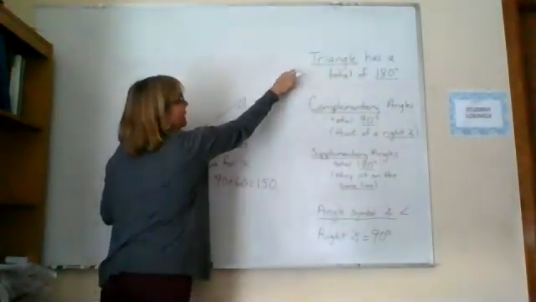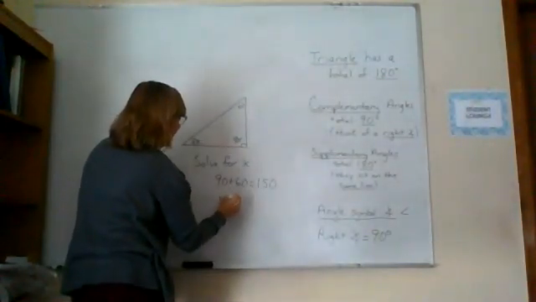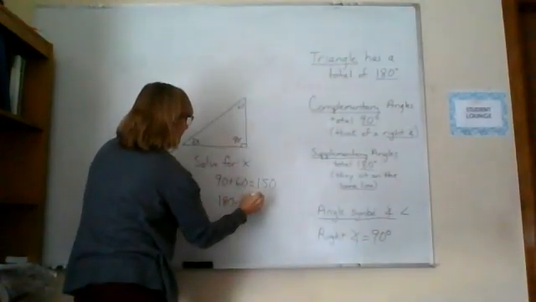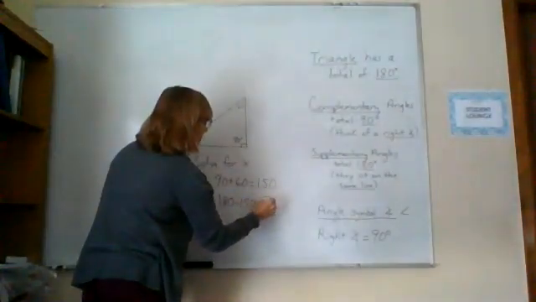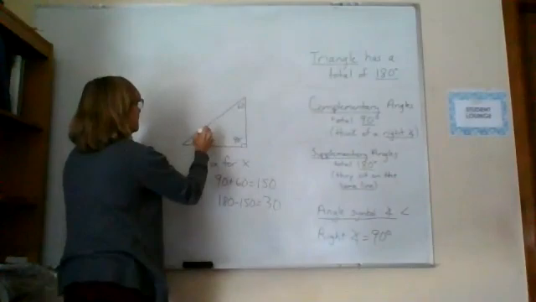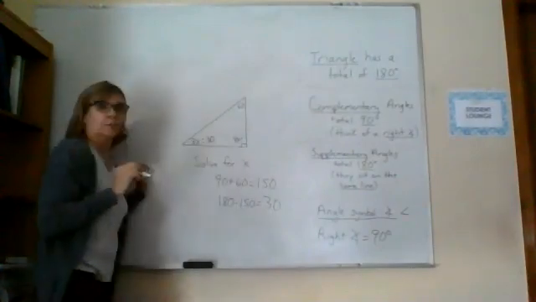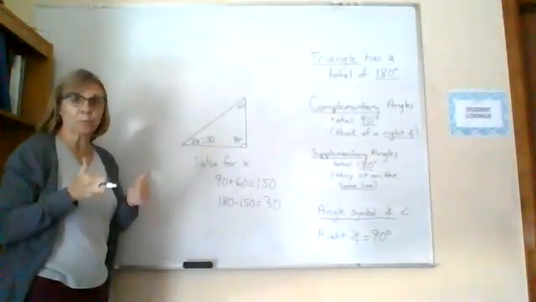A triangle has a total of 180 degrees. So I have 180 degrees minus my 150. Again, use your calculator. So my third remaining angle has to be 30 degrees. So this angle equals 30 degrees.